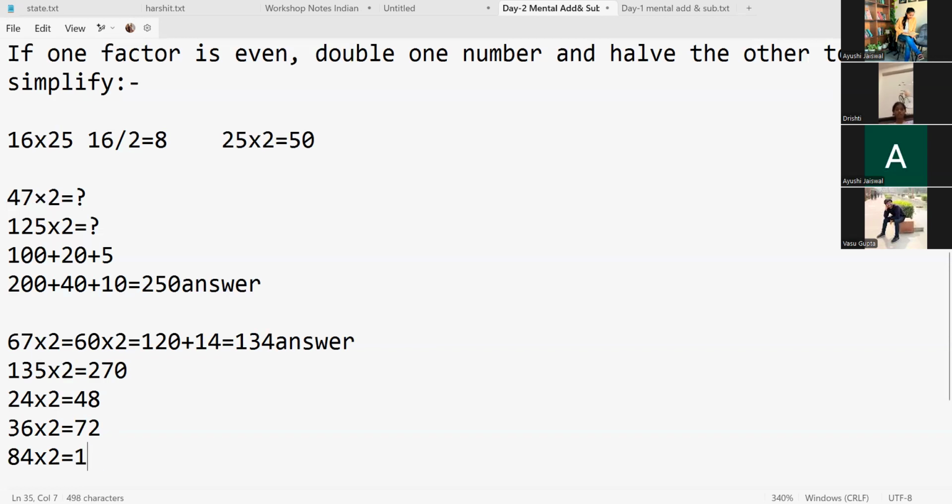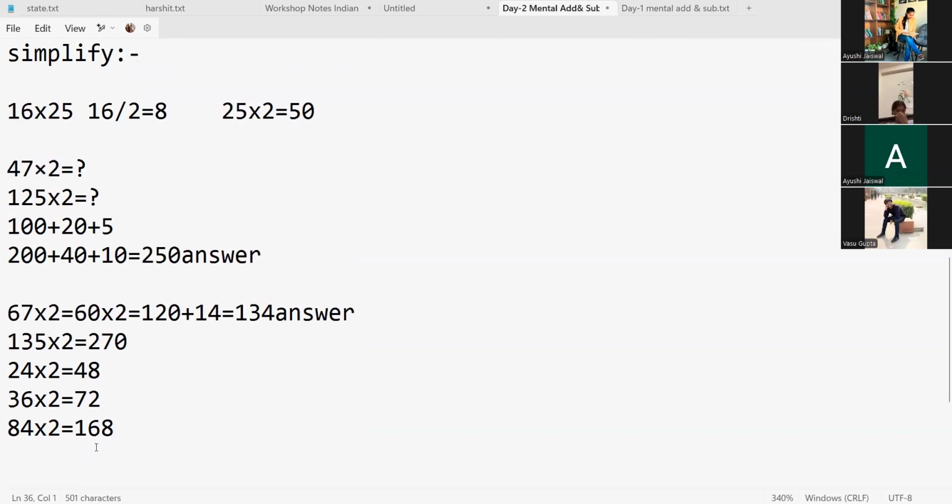Very good. Now one question for 3 digits: 156 multiplied by 2. Do it. Then we are going to halving.